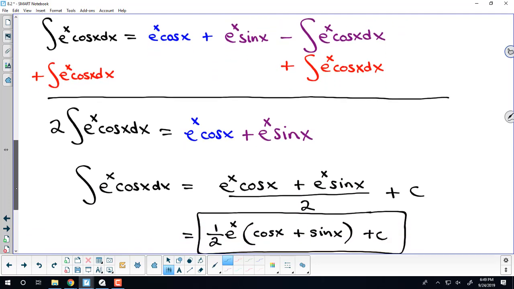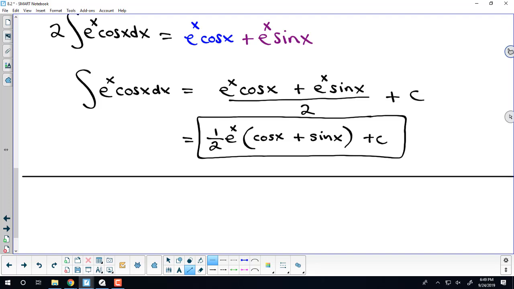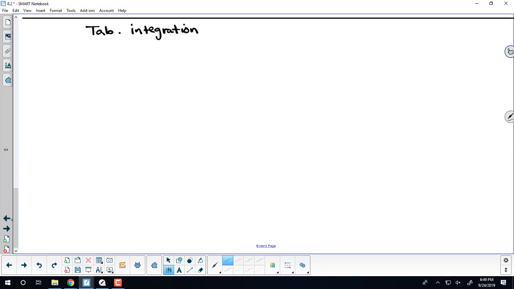Do y'all have any questions on this example? So once again, if you're a fan of tabular integration, we still choose our u as cosine, and our dv was e to the x dx.